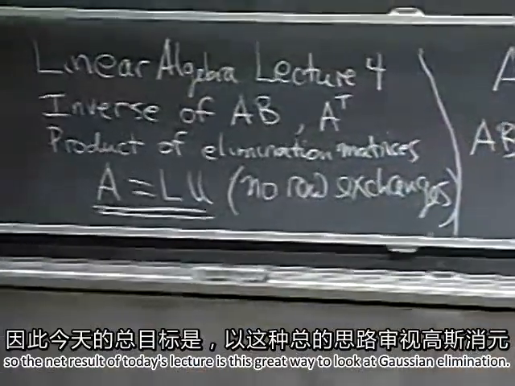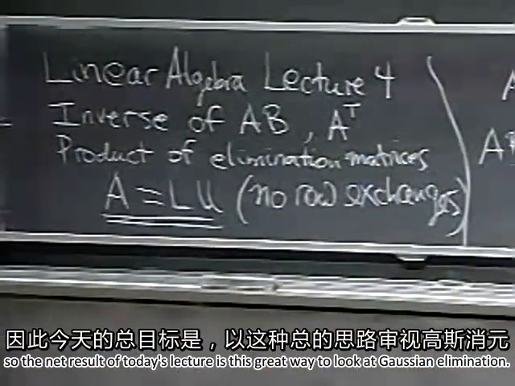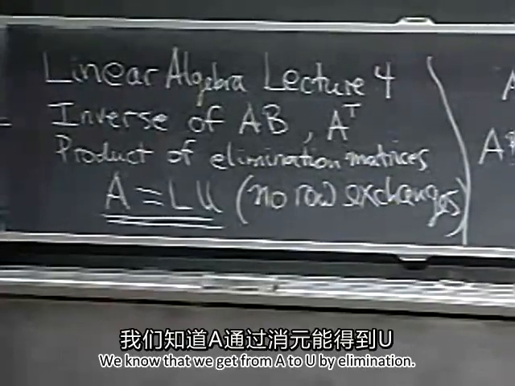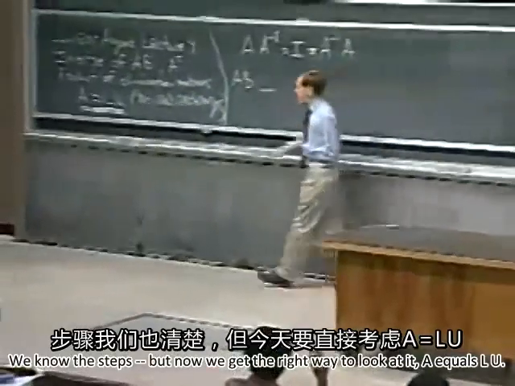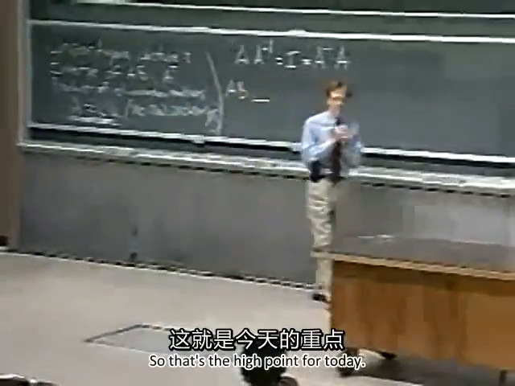This great way to look at Gaussian elimination. We know that we get from A to U by elimination. We know the steps, but now we get the right way to look at it, A equal LU. So that's the high point for today.